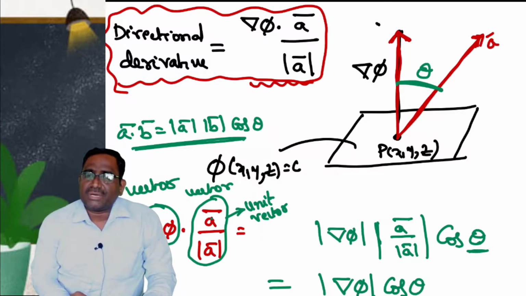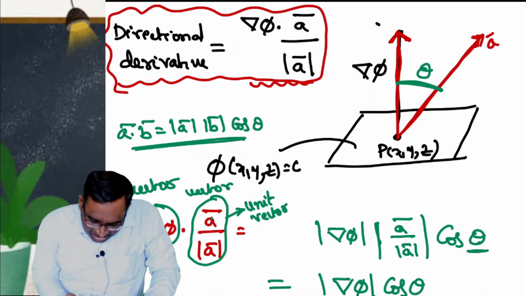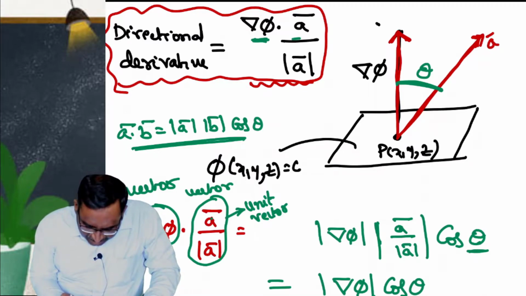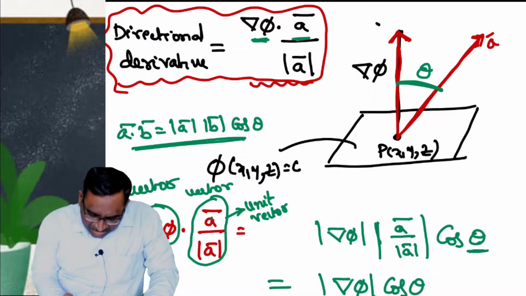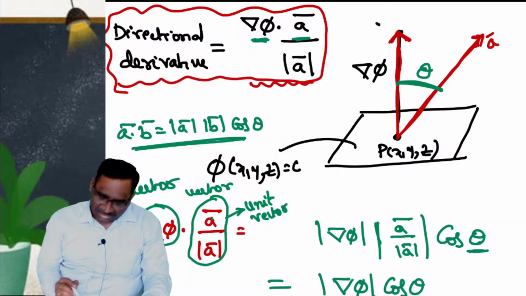This is the most important definition from an exam point of view. The directional derivative of the level surface phi in the direction of A bar is defined as del phi dot A bar by modulus of A bar.